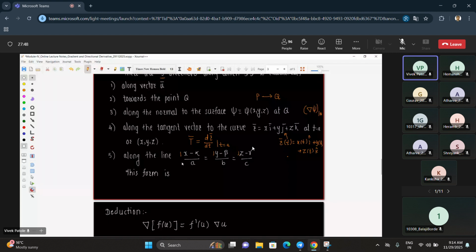But here in 3D, this form is called the equation of line in symmetrical form.